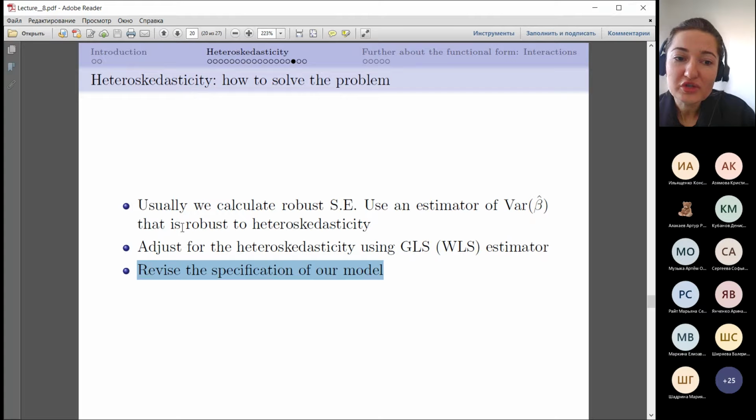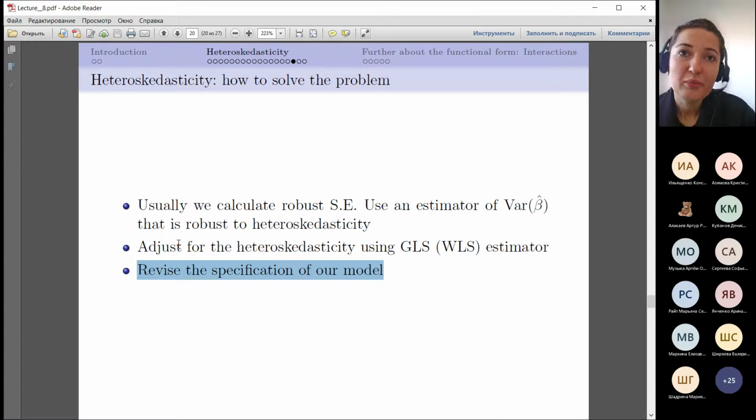But also you can change the method: for example, instead of the ordinary least squares approach, you can use the generalized least squares method or the weighted least squares method to find the coefficients.